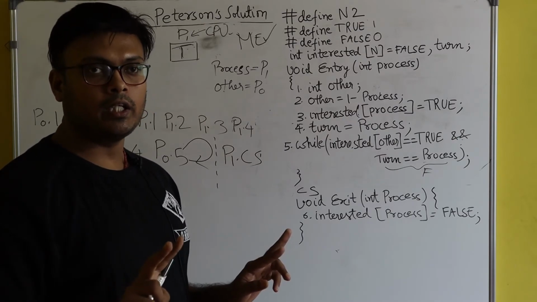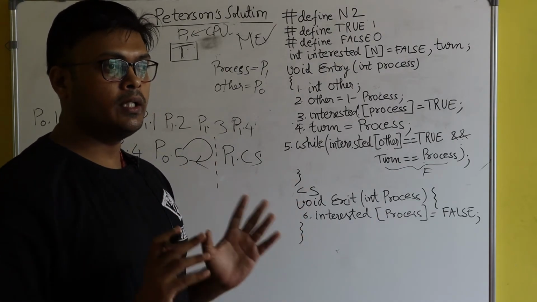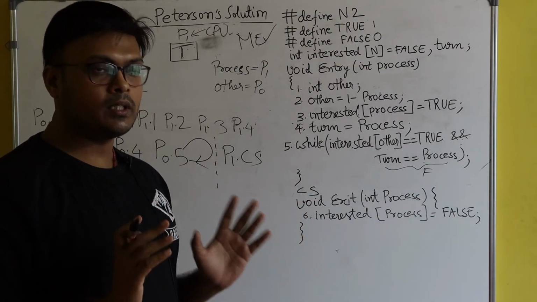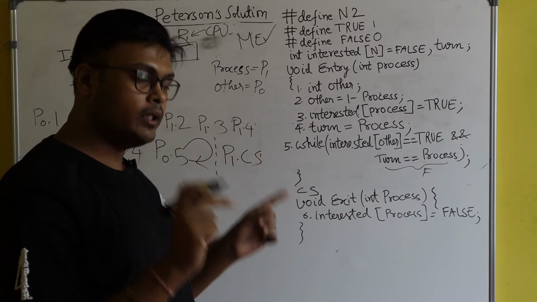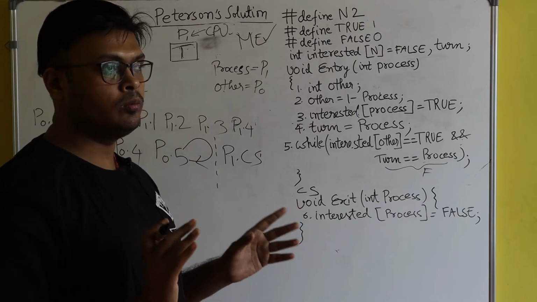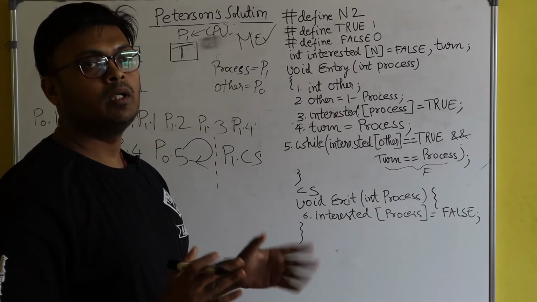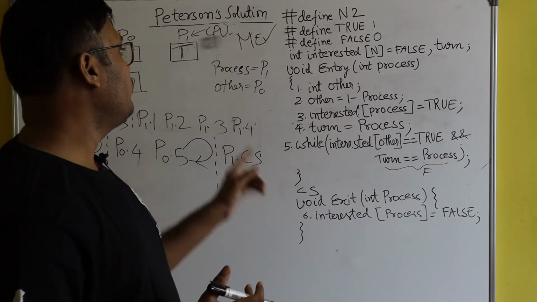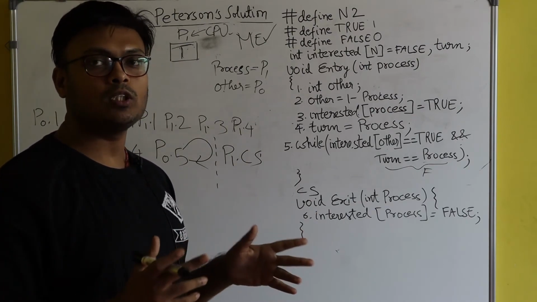Although both are interested to enter inside the critical section. So to stop this condition, since both are interested, in the interested variable lecture, what you saw, when both the processes were interested at the same time, deadlock happened. So here also when both the processes are interested, there is a chance of deadlock.